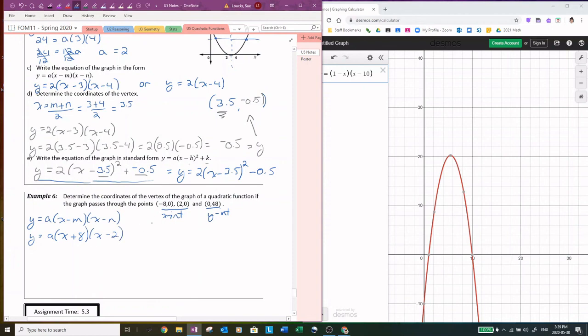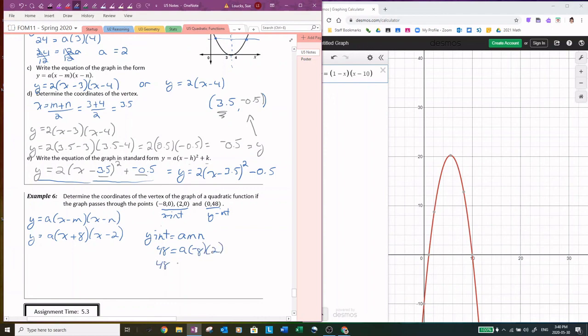And then we know that the y-intercept equals a times m times n, so that means that 48 equals a times -8 times 2.